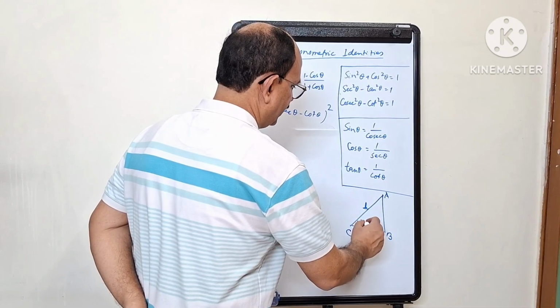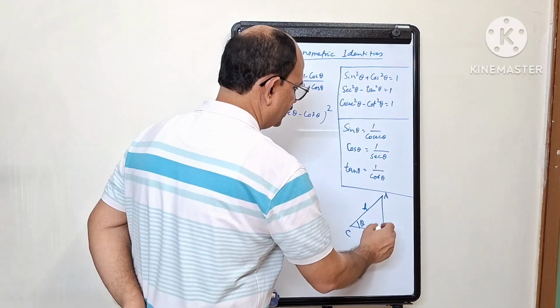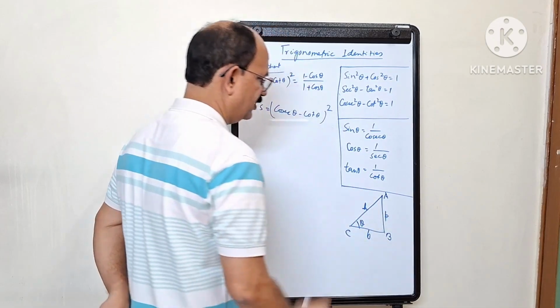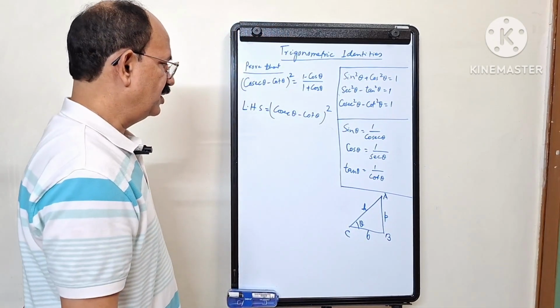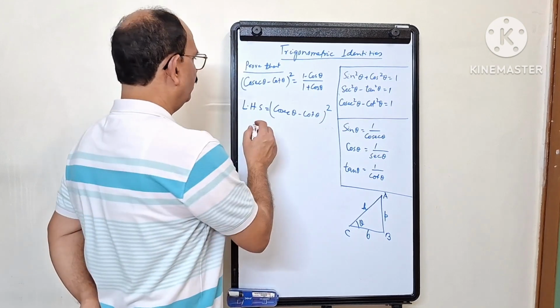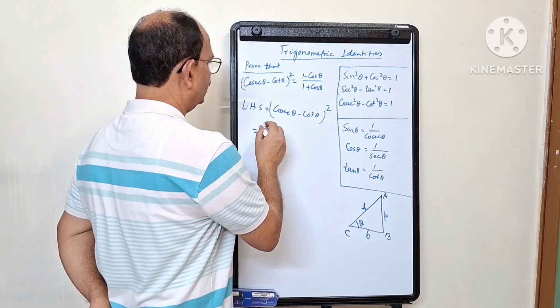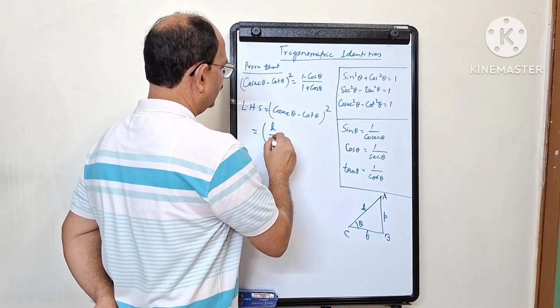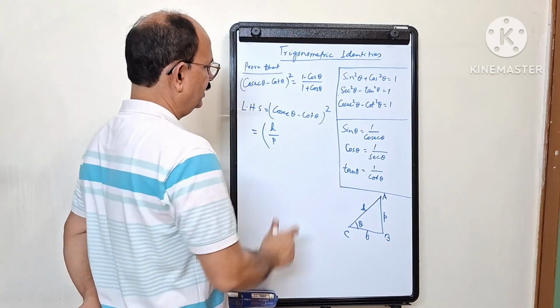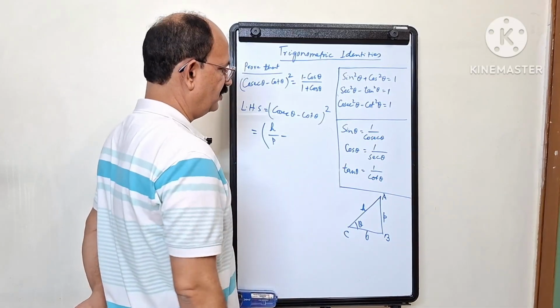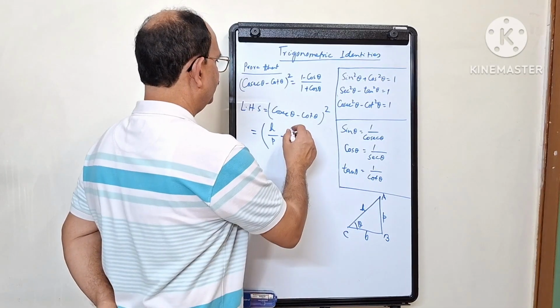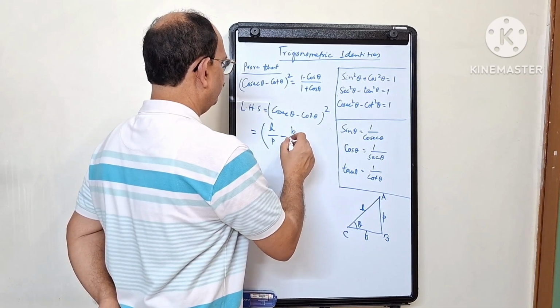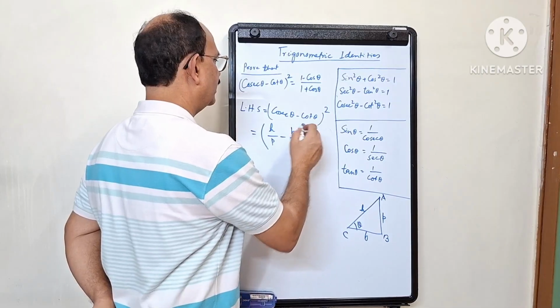And if this angle you are taking as theta, then this becomes base and this becomes perpendicular. Now I know that cosec theta is defined as hypotenuse by perpendicular, and cot theta will be defined as base by perpendicular. So I can write it this way.